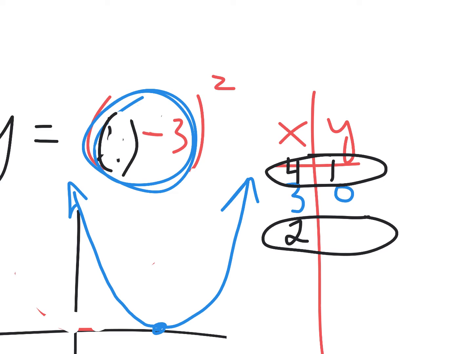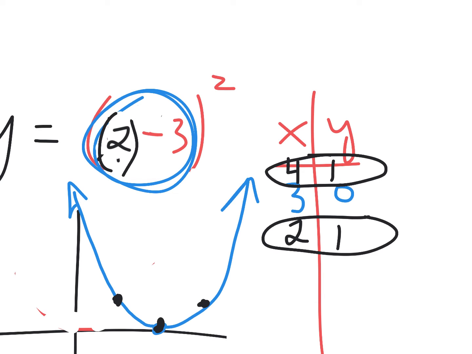Hallie, would you please tell me what to do when I put in the 2 right here? Walk me through it. 2 minus 3 is negative 1, and then? Which is? Yep. And if I actually graph this, the 3, 0 was right here. The 2, 1 is right here. The 4, 1 is right here. Do you get how those are matching up with my graph?